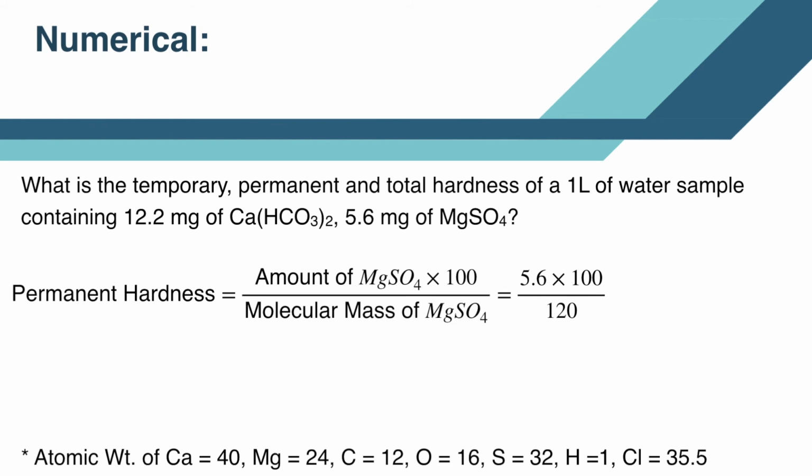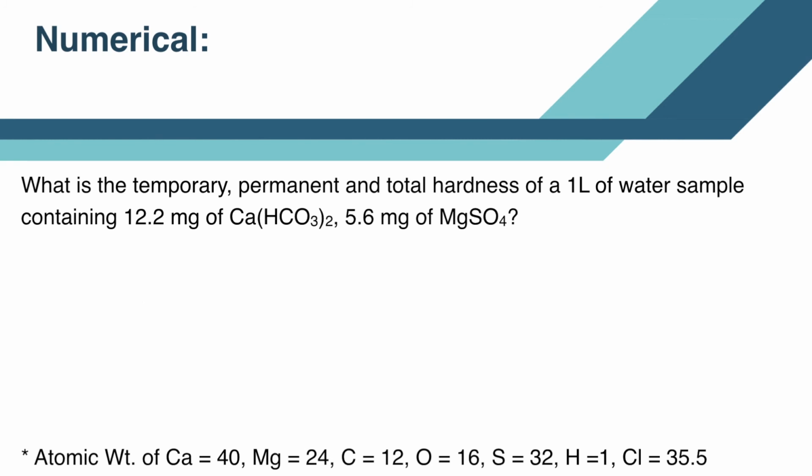This 120 is the molecular weight of magnesium sulfate, 5.6 is the amount of the salt, and 100 was already present in your formula. So amount into 100 divided by molecular weight of the salt will give you the permanent hardness in terms of ppm of calcium carbonate equivalent. So your temporary hardness is 7.53 and permanent hardness is 4.67.